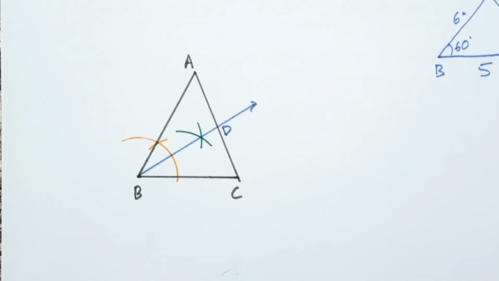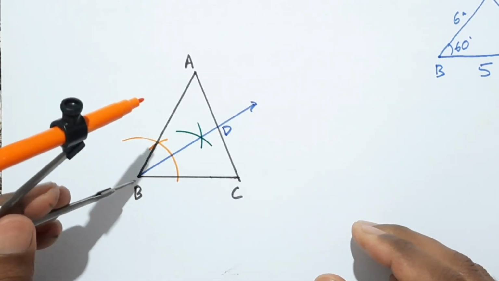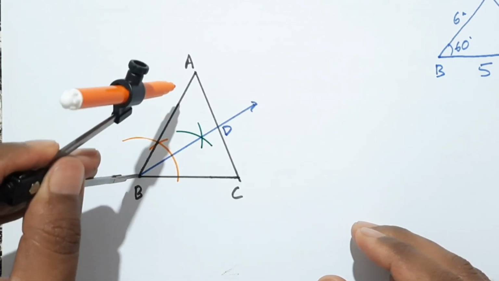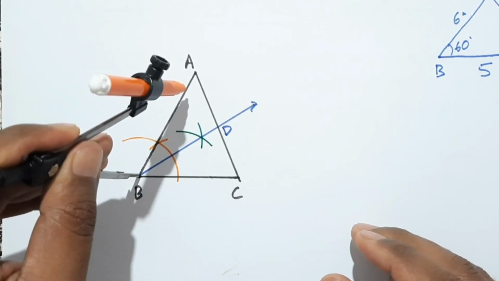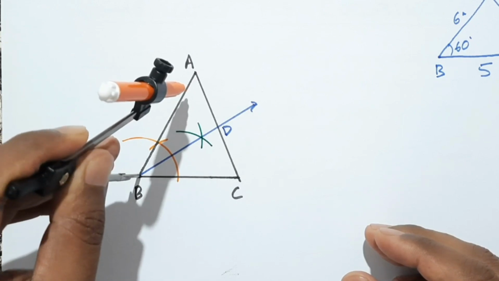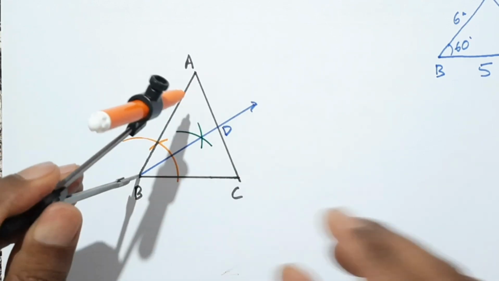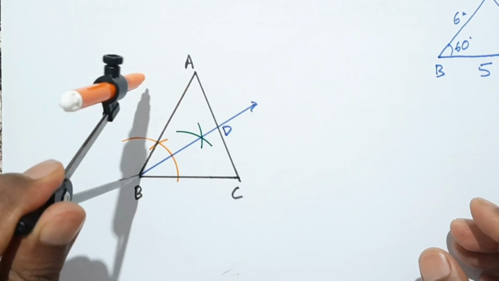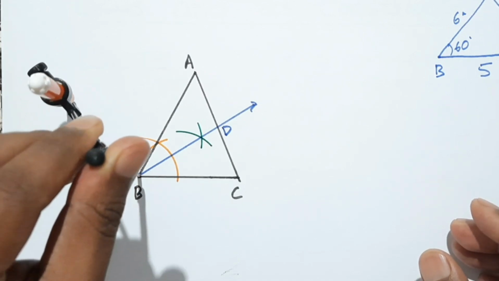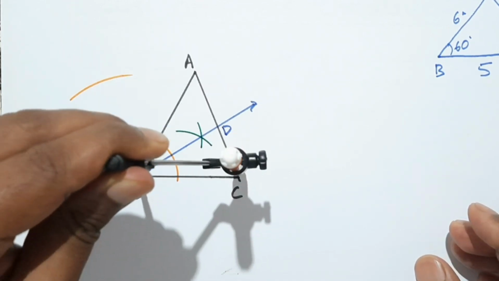To draw a perpendicular bisector of line segment AB, first we'll put the compass at point B and measure this length. This should be shorter than AB but longer than half the length of AB. So first an arc here and then here.